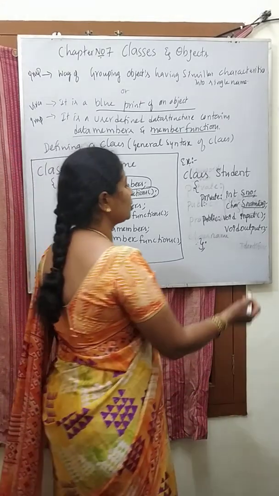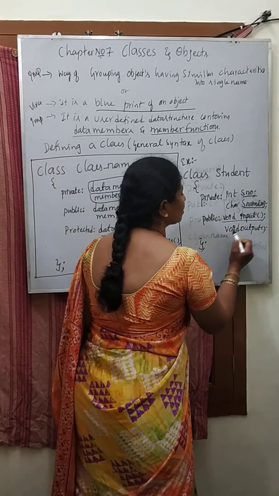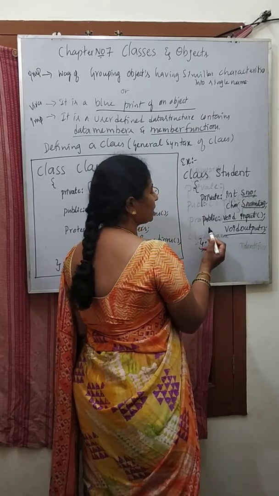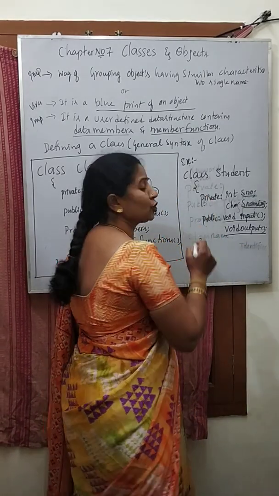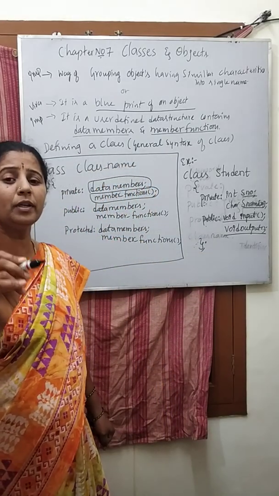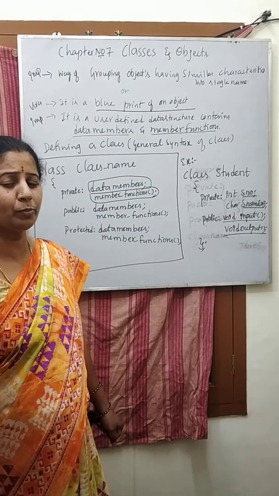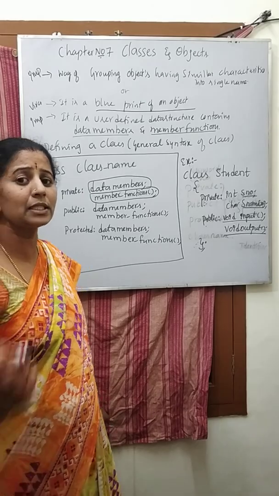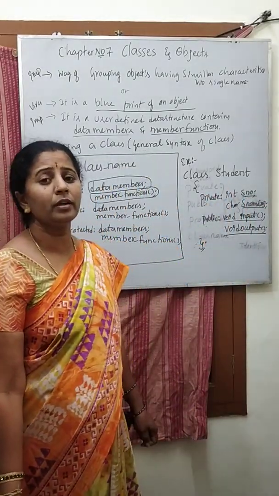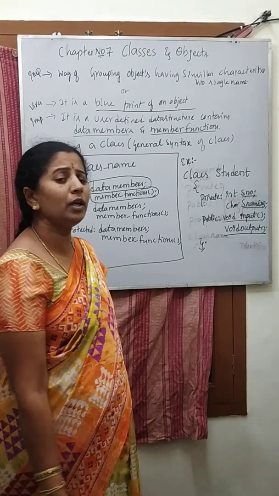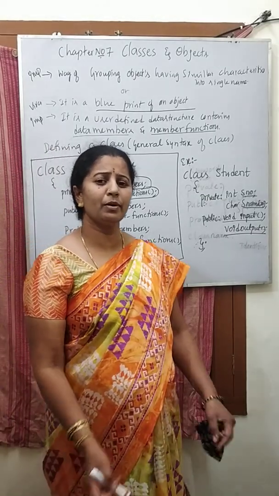What is a member function? These two are the member functions. These two member functions are declared under an access specifier within the class to perform a particular task on the data members. What is a member function?